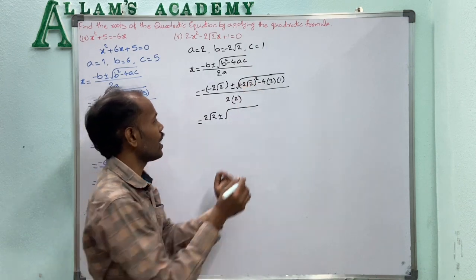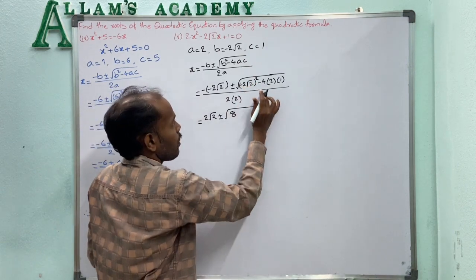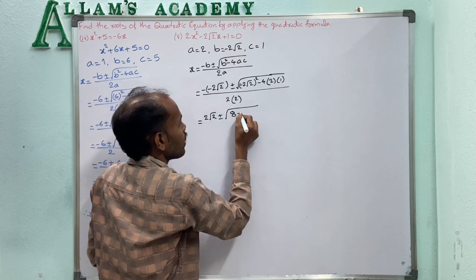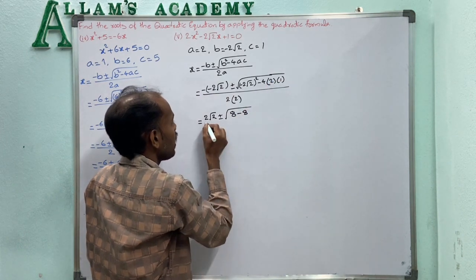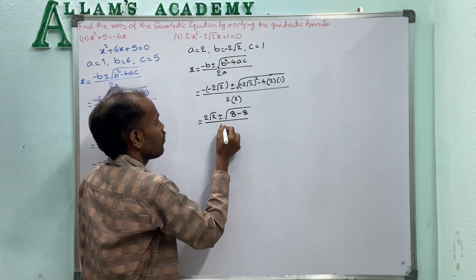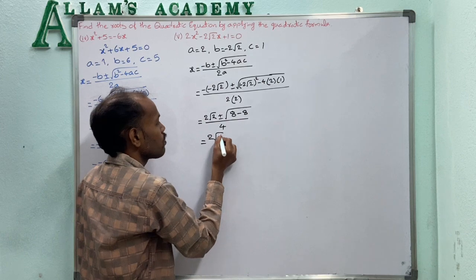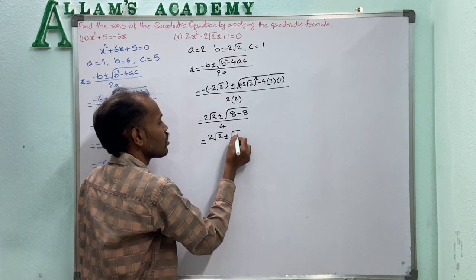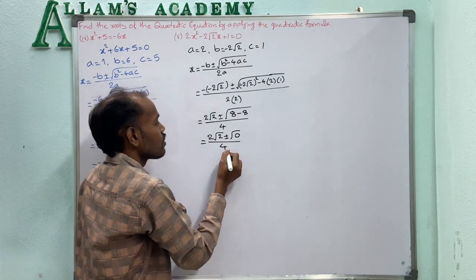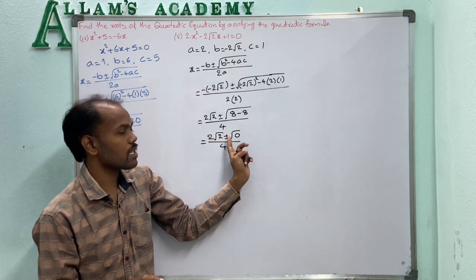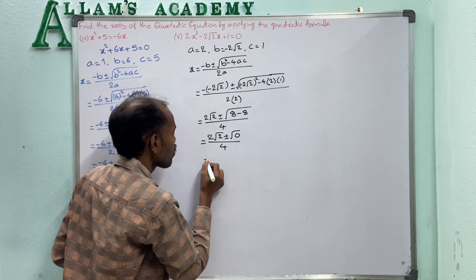So 4 2s are 8. So 4 2s are 8, 8 minus 8 by 2 2s, that is 4. Under root 8 minus 8 equal to 0. So 2 root 2 plus or minus root 0 by 4. So root 0 is nothing but 0. So 2 root 2 plus or minus 0 is 2 root 2 only.